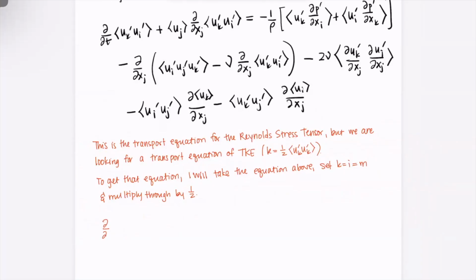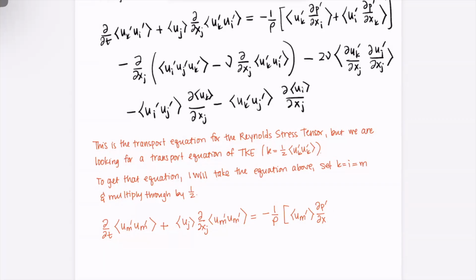So this first term, I have d/dt of um prime plus uj partial xj of um prime is equal to 1 over rho, prime partial p prime partial xi, oh, I'm sorry, partial xm.